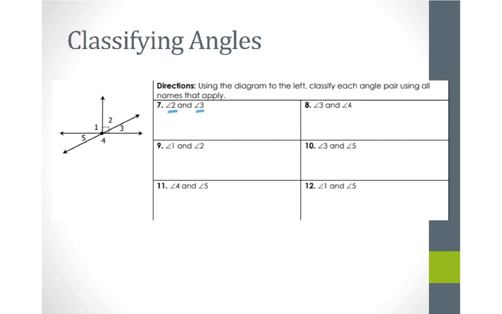So if I look at angle 2 and angle 3, they form this part right here, and then it has the little box. So that tells me they're complementary. And yes, you have to write it out. And they're right next to each other, so that tells me adjacent.